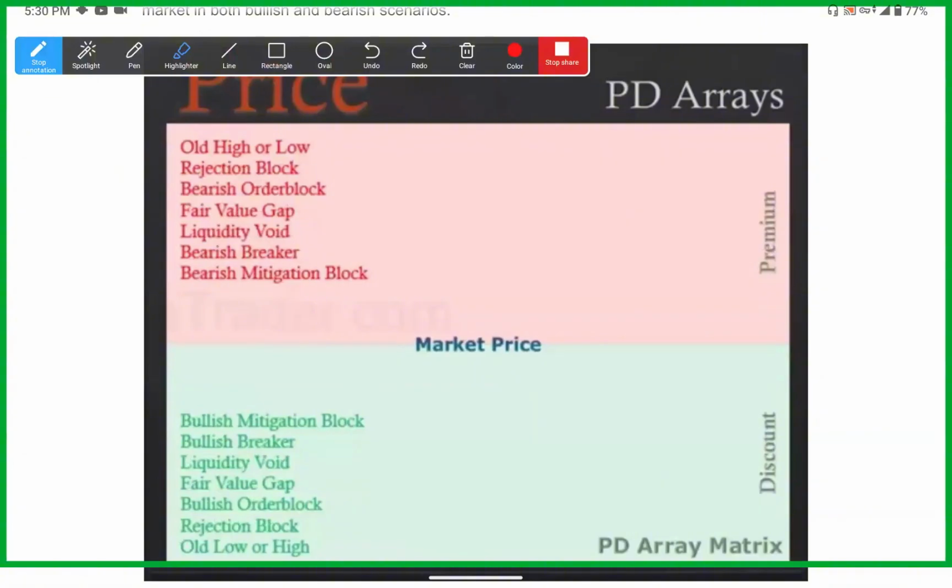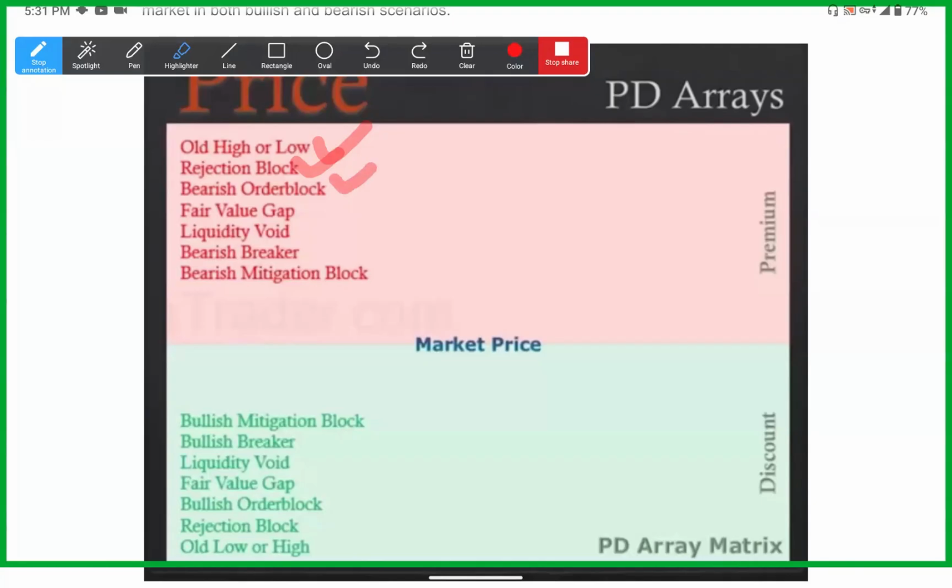These are part of our pricing, our points of interest, which are PDA arrays: the old highs or lows, the rejection blocks. Of course, we shall be going into details about them.